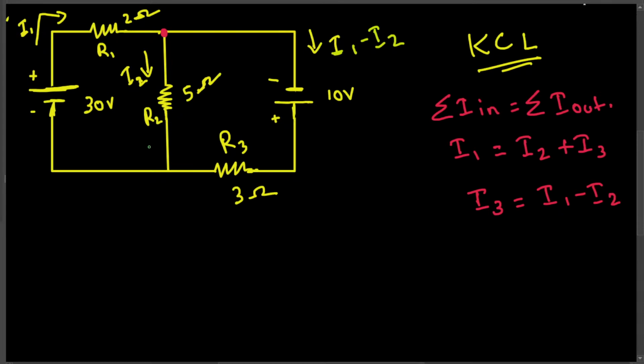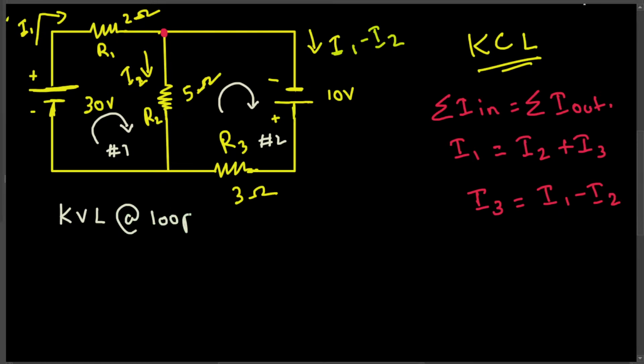The next thing we can do is apply Kirchhoff's voltage law in loop 1 and loop 2. Let's take the current direction in this one and this one. If I apply Kirchhoff's voltage law, KVL, at loop 1, let's call this one loop 1 and this one loop 2. KVL says that if you add the voltages around a loop, that's going to be equal to 0.